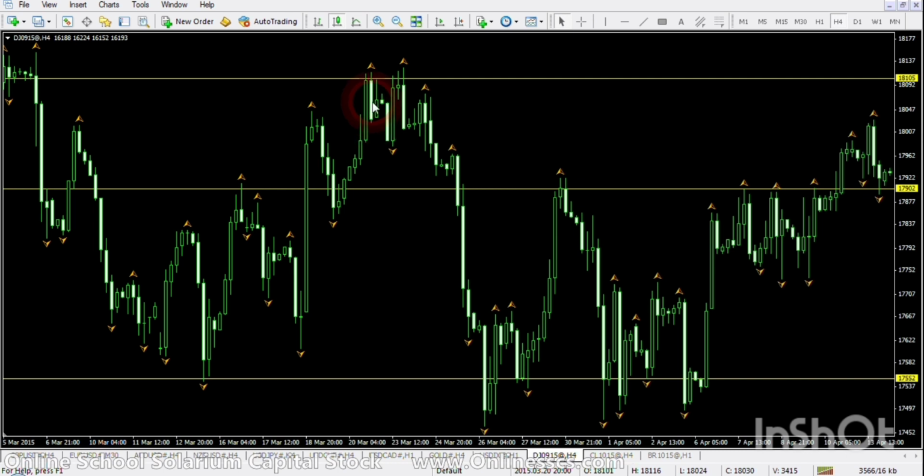When it gets overlapped, know that it's going to have a reversal. So when here it is in the belly of the last candle, it will have a trend upwards.